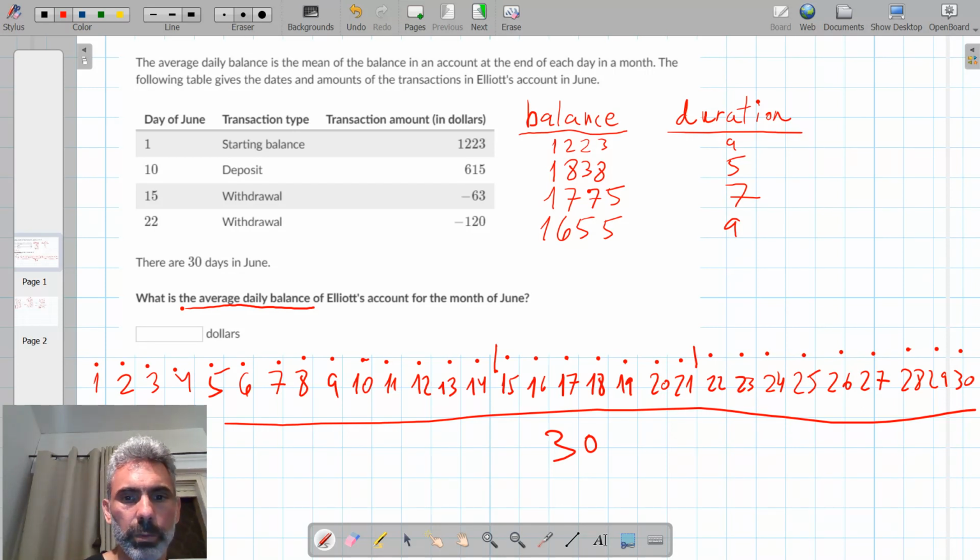So now, to calculate the average daily balance, I need to multiply 9 times 1,223 and add the multiplication of these numbers, and then I will divide by 30 and I will get the average daily balance.